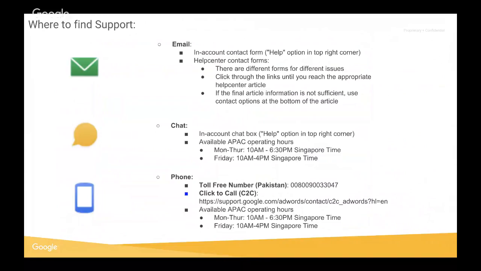So just follow through with the links. We have advertisers often calling us saying, I don't see an email option directly at the top right. That's true. That can happen. But just follow through with the help links. Click through the different issue types. Eventually, you'll reach an article where you will see contact options at the bottom. If the article is not helpful for you, do contact us.